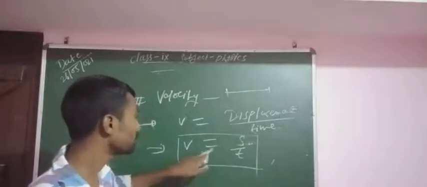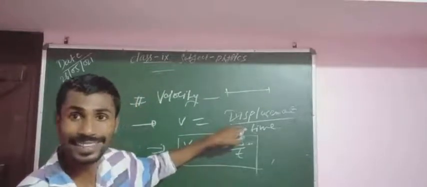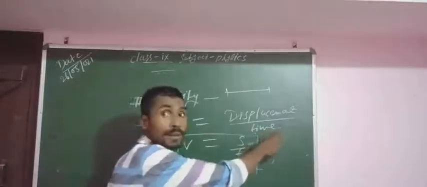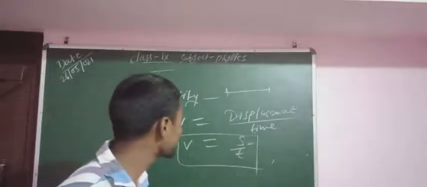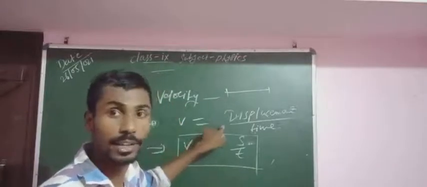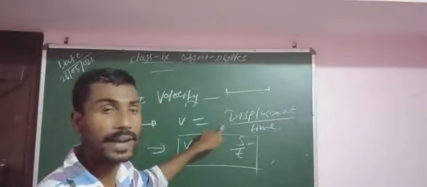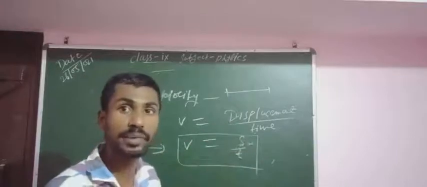The velocity is the ratio of change of displacement with respect to time. Velocity may be defined as change of displacement per unit time.